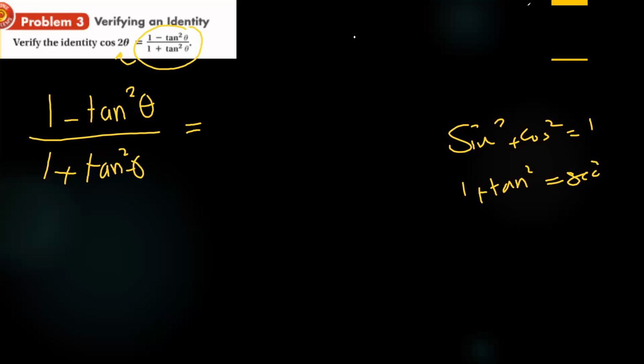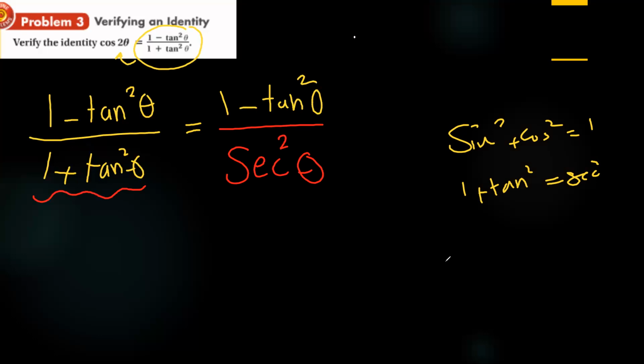So here we have 1 plus tan squared. Let's replace 1 plus tan squared with secant squared, and keep 1 minus tan squared of theta as it is.